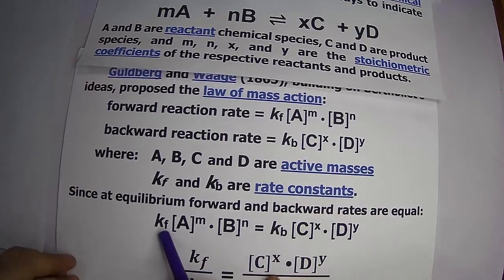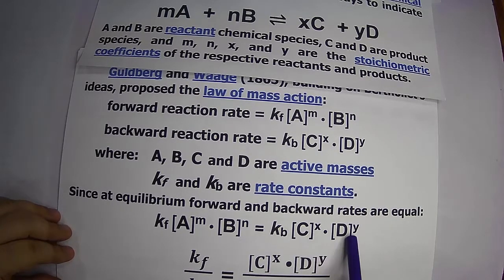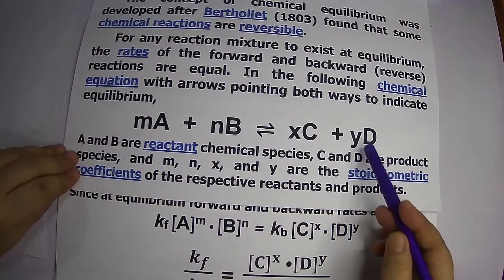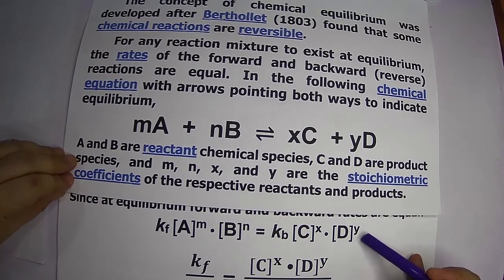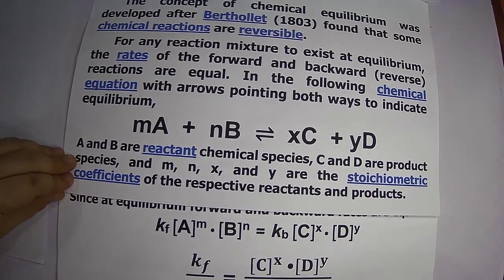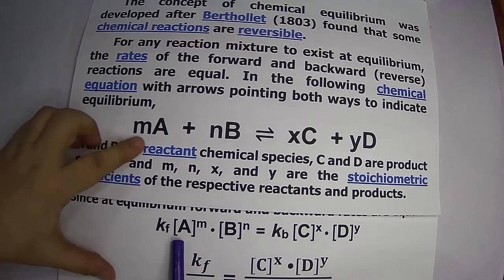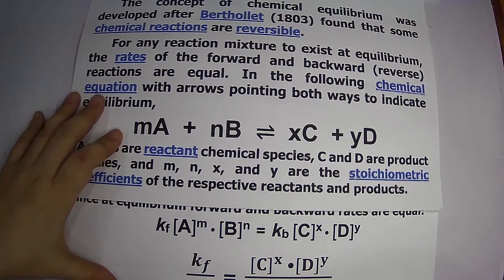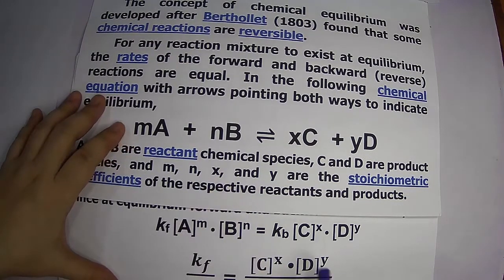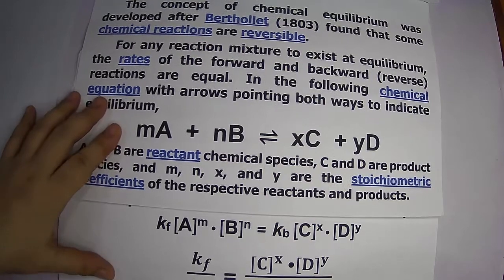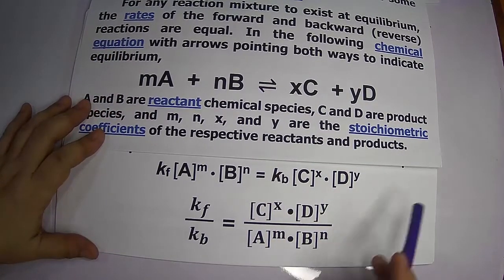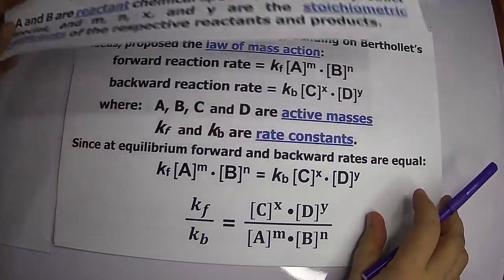And we can take the ratio of Kf to Kb as the products raised to their respective coefficients, as in this balanced reaction, where Y is the coefficient of product D, over the concentration of the reactant A raised to its coefficient M, times the reactant B raised to its coefficient N. This ratio is sometimes called the reaction quotient.